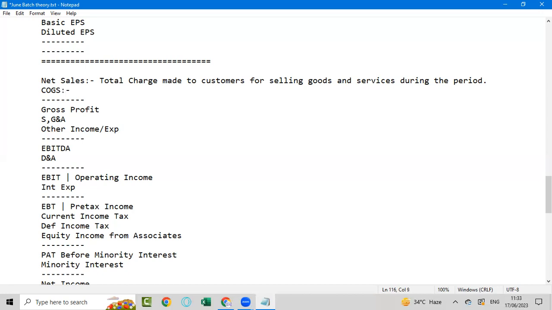Next is cost of goods sold. What is cost of goods sold? Total production cost, or let me write direct production cost.